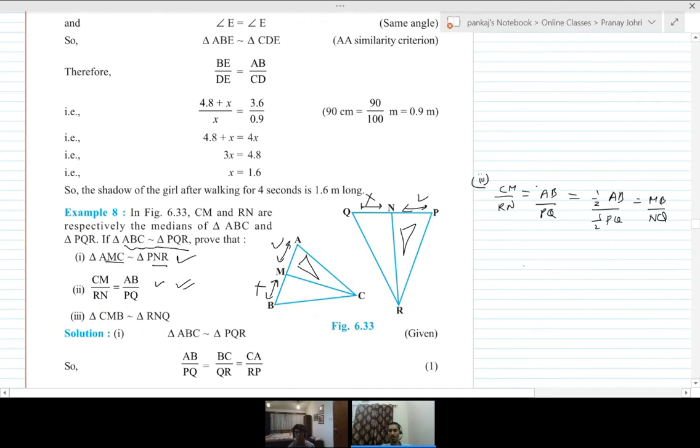We know that ABC is similar to PQR, so BC is corresponding to QR. So after this, MB by NQ is equal to BC by QR.